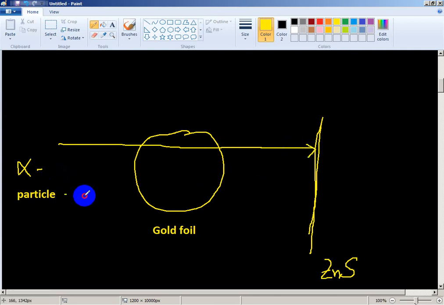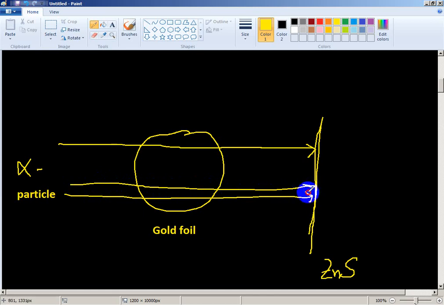I emit the alpha particle, it goes through the gold foil, strikes the zinc sulfide screen, and the light flashes.